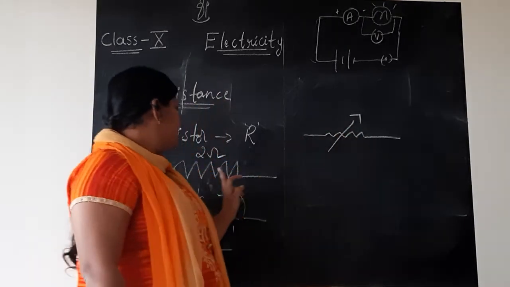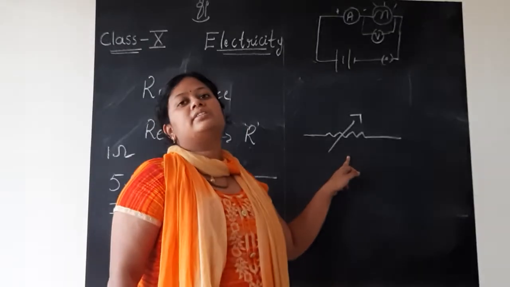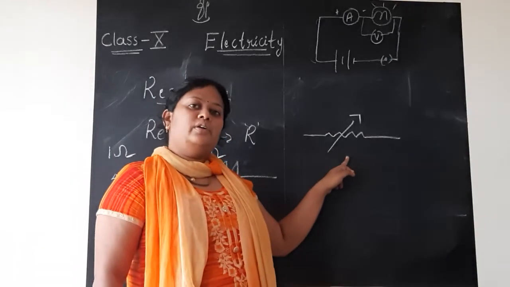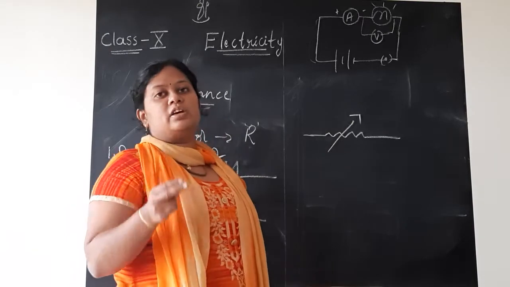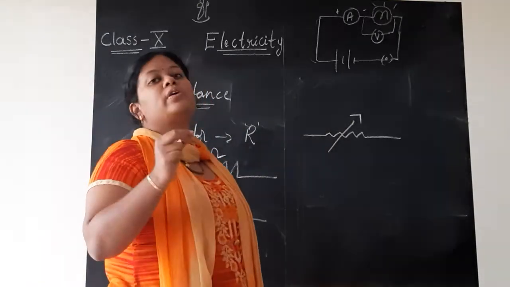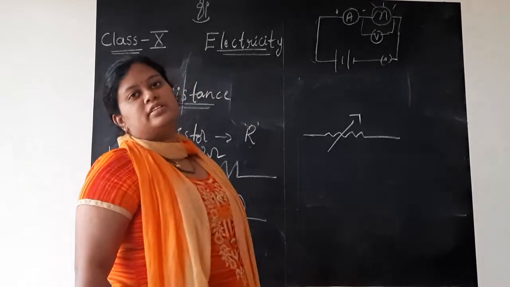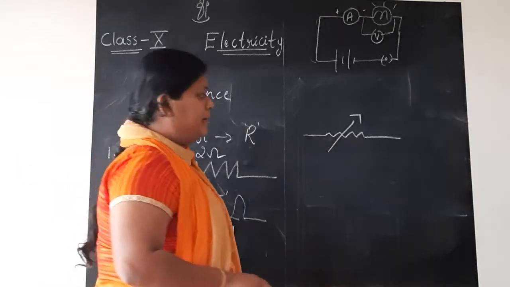On the resistance symbol, if you draw an arrow mark facing upwards, it means the resistance is varying. It is not a fixed value. You can vary the value while doing the experiment, while conducting any experiment using this circuit. This is one way of representing it.